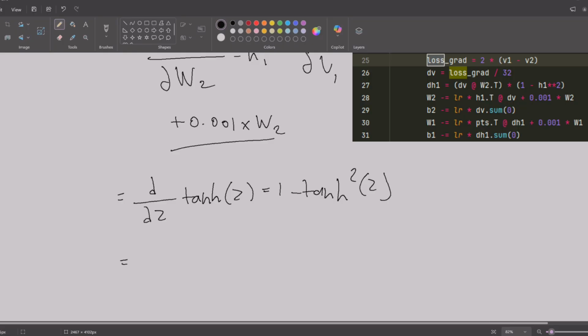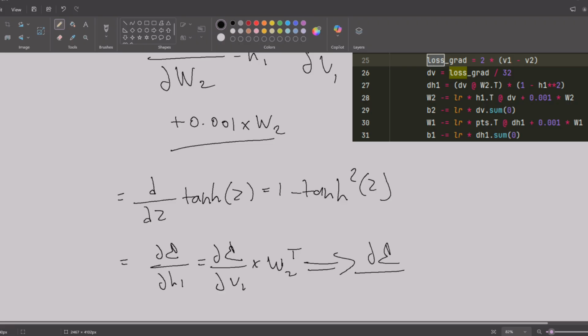We're going to write the partial derivatives again. So we can do the partial derivative of L divided by h1 is equal to L divided by V1 times the weight W2 transpose, and that converts into our partial derivative of L with respect to z1, because we connected the equations.